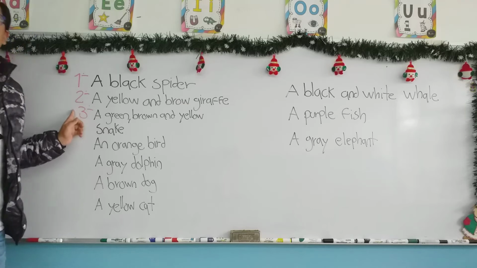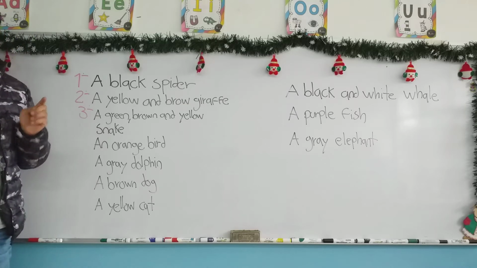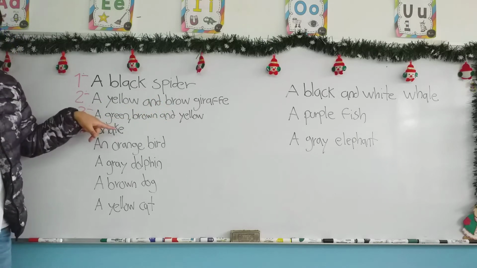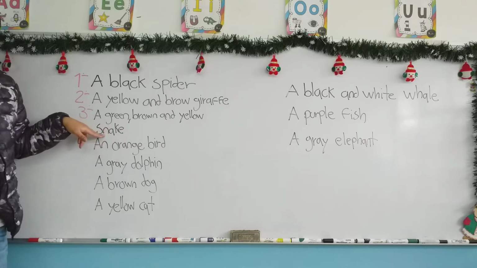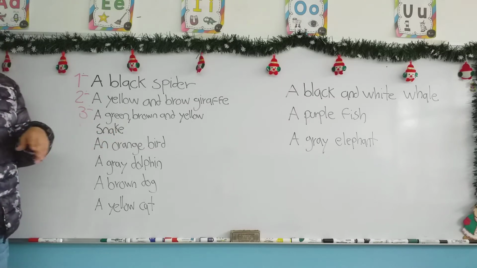Now for the number 3, we have a sentence that is divided in 2 parts. One is up and one is down. So, under the word snake, abajo de la palabra serpiente, S-N-A-K-E, we continue with the number 4.